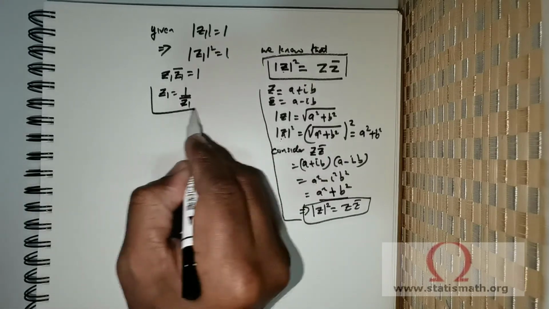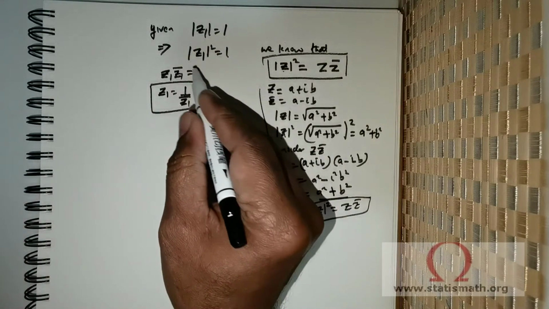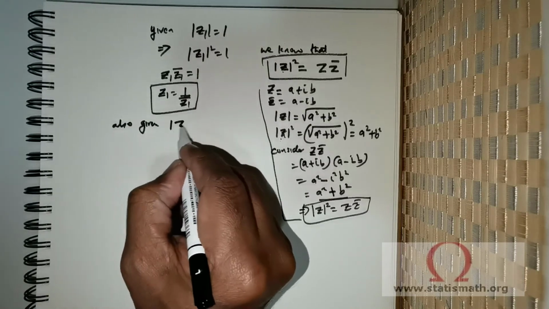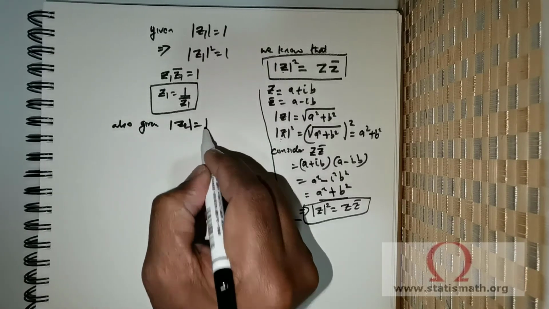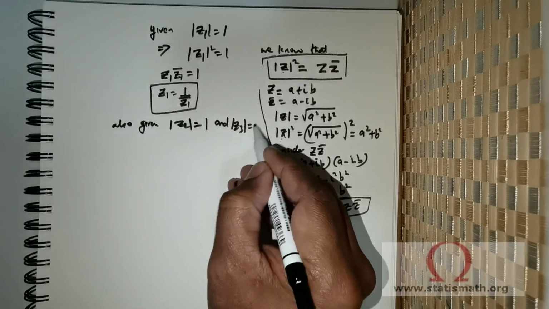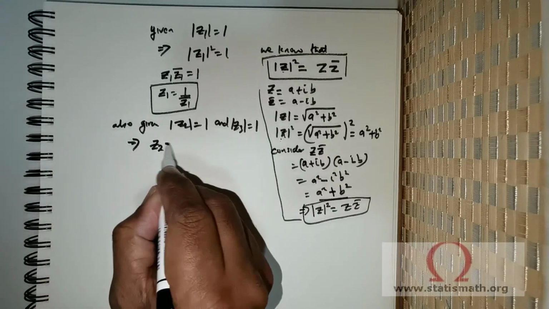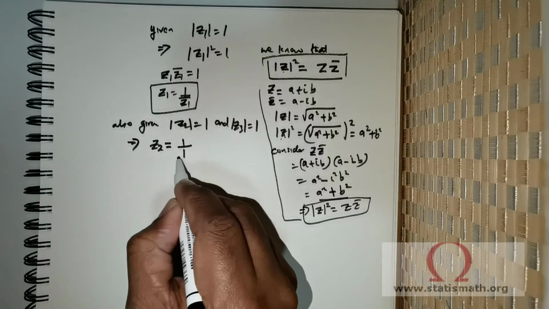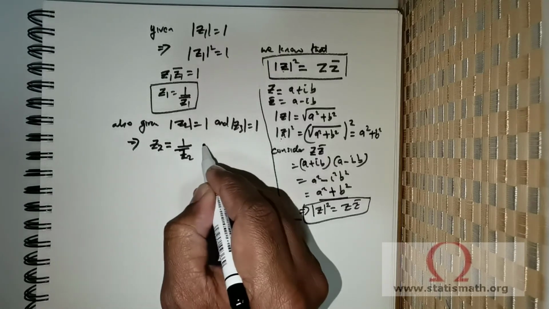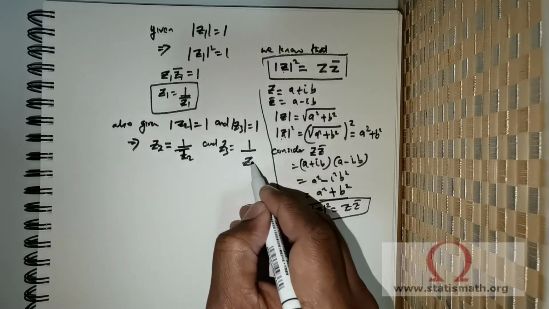Okay, so I can do that. Now, we were also given that modulus of z2 is equal to 1 and modulus of z3 is equal to 1. So I can simultaneously write z2 as 1 divided by z2 bar, and for z3 I can write it as 1 divided by z3 bar.